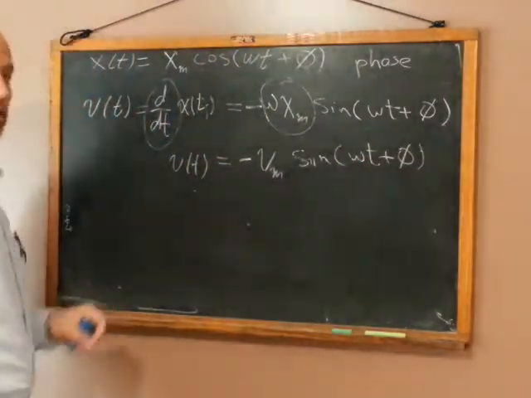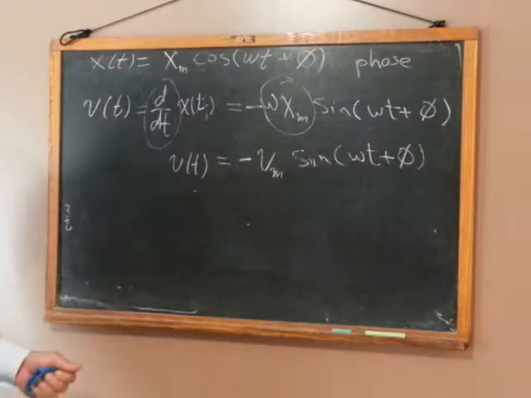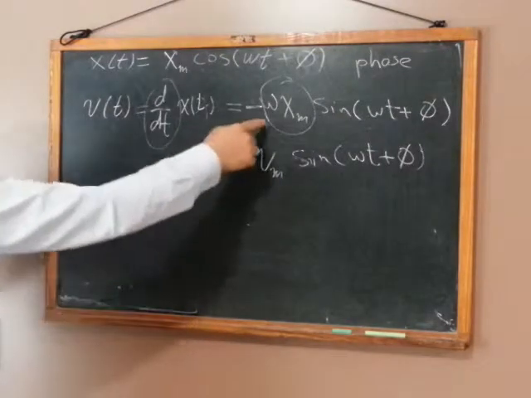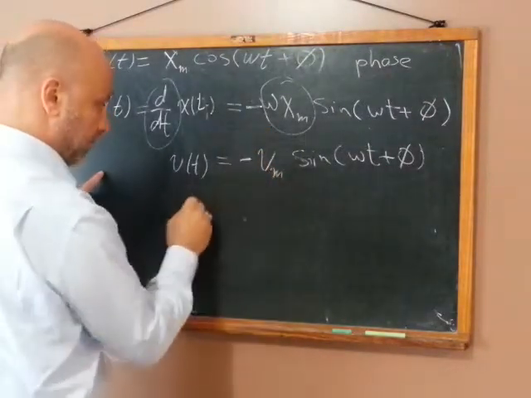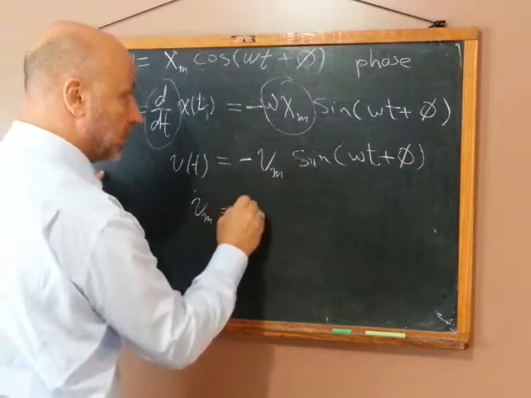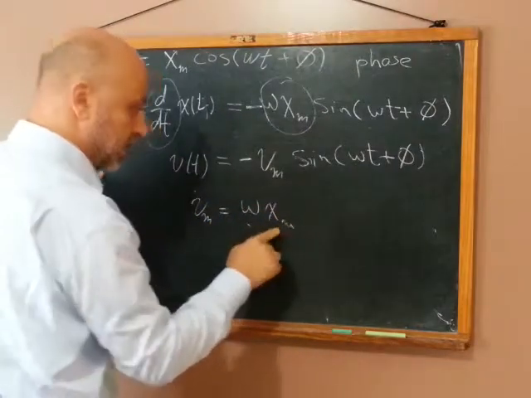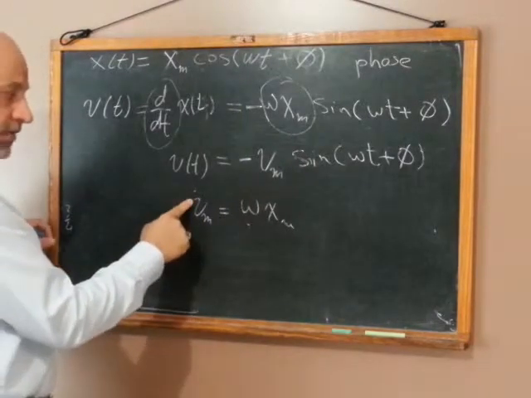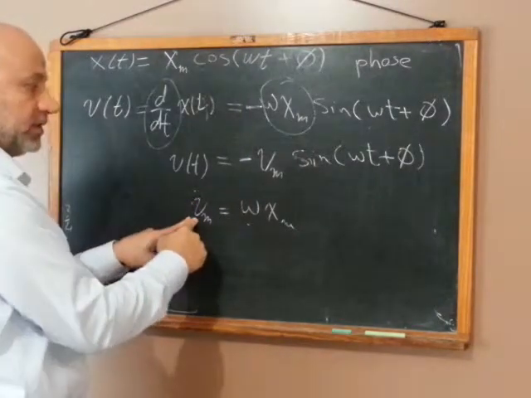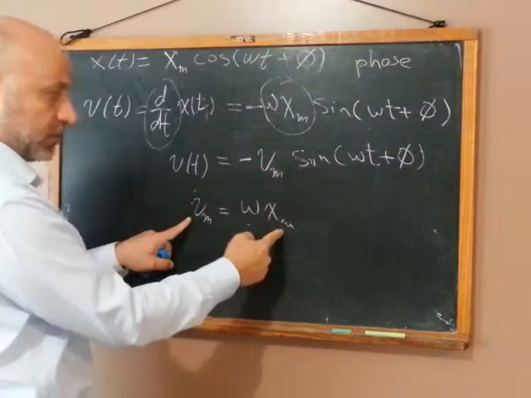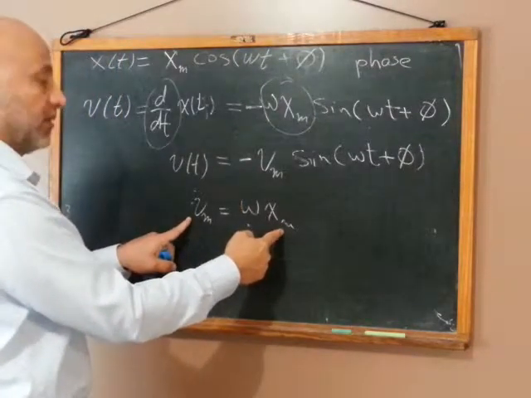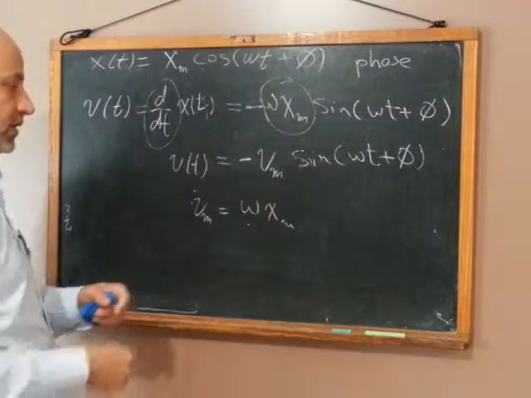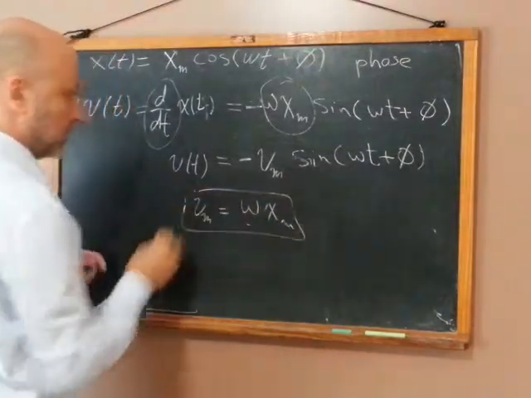So that's the velocity of the simple harmonic motion. This is a good equation. We can use it: V max equals omega x max. If we have amplitude and frequency, we can get the maximum velocity. If we have maximum velocity and maximum displacement, then we could get the frequency of the object, whatever is useful.